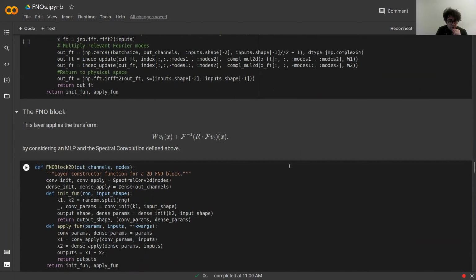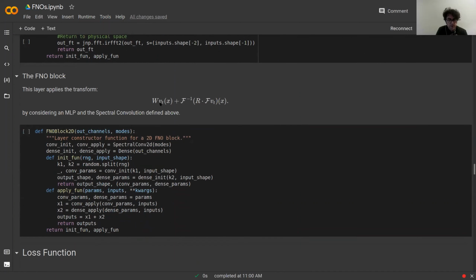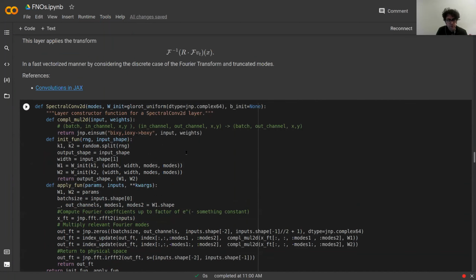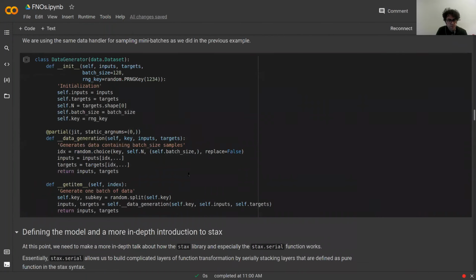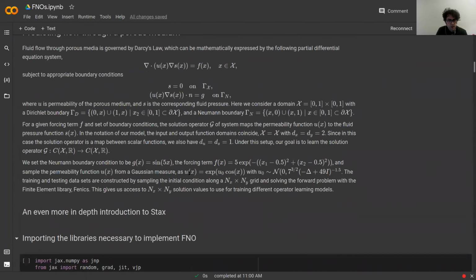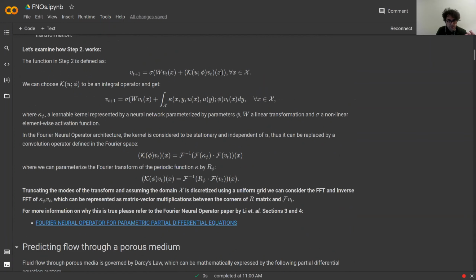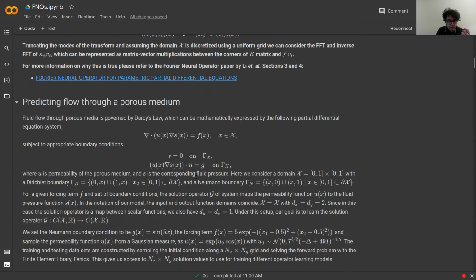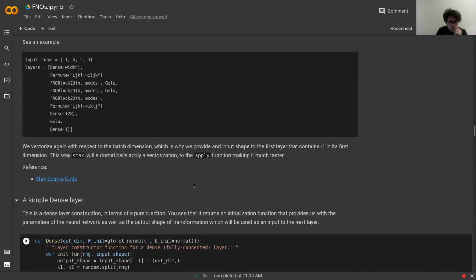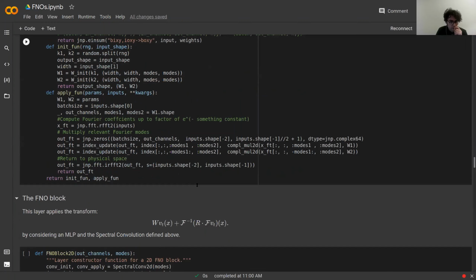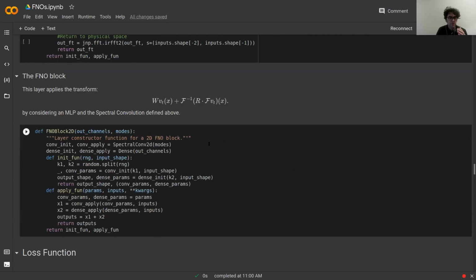So the next thing that we need to do is add this part, this WVT. So we have computed this part here, and now we compute this part, the WVT. In order to compute the WVT, we will use a dense layer, the one that we have defined above. So what do we have here?